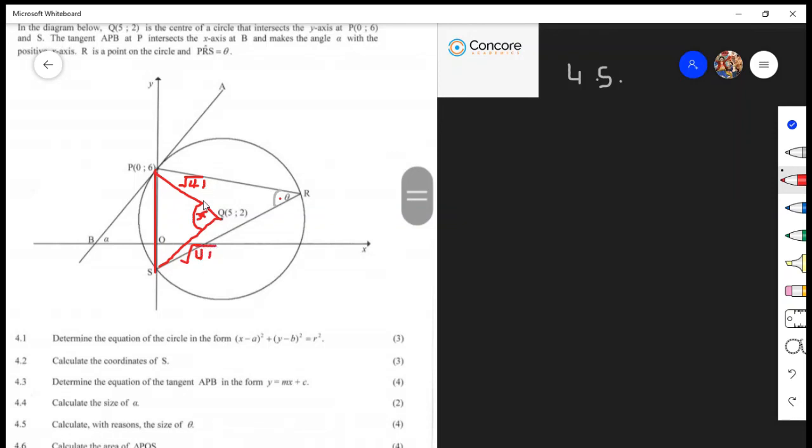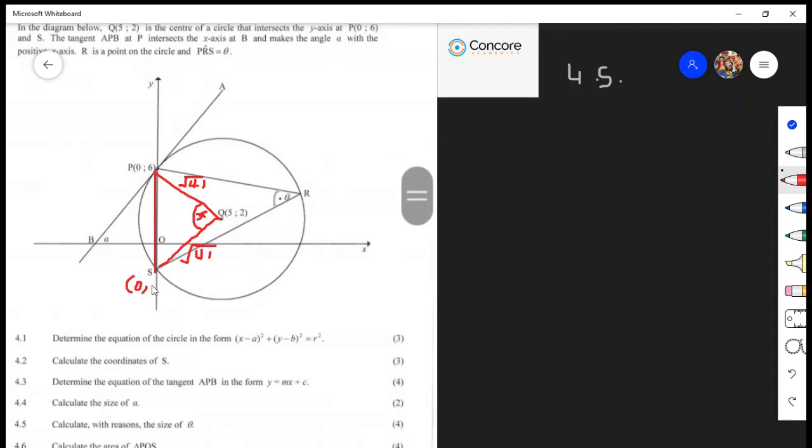So did we calculate S? I think we did. Question 8.2. Our y value of S, what was it? I think negative 6 or negative 2 or something. Negative 2. Okay, so 0 and negative 2.